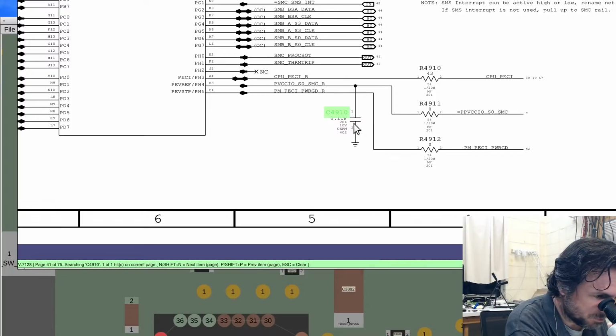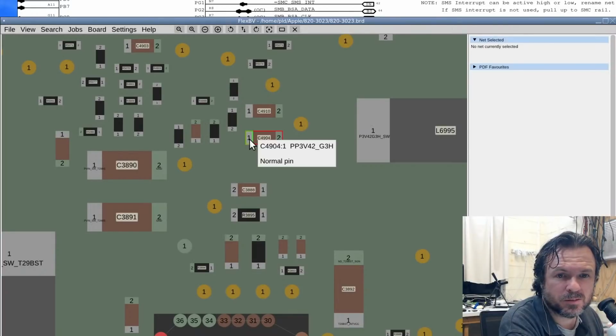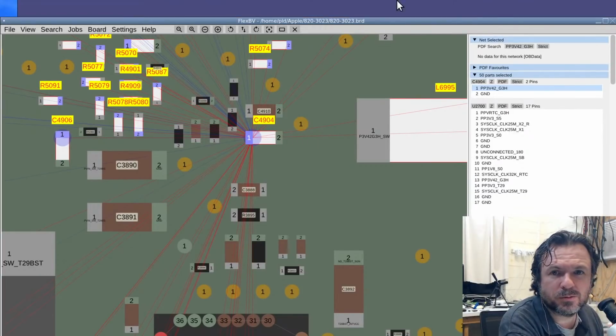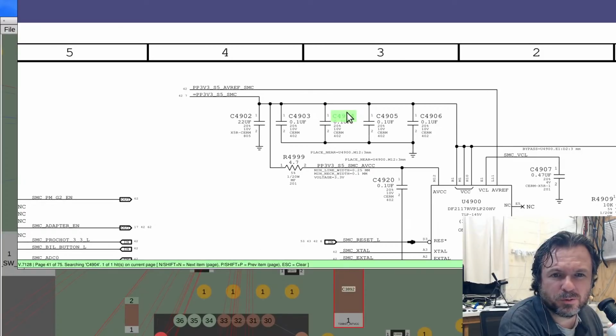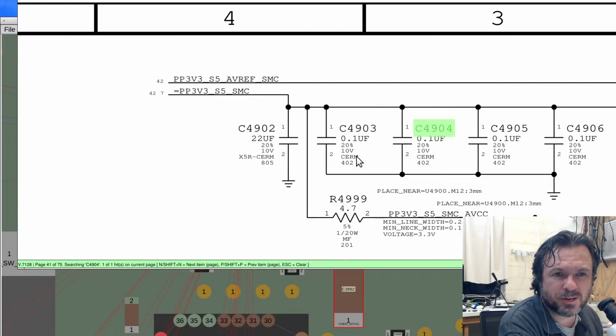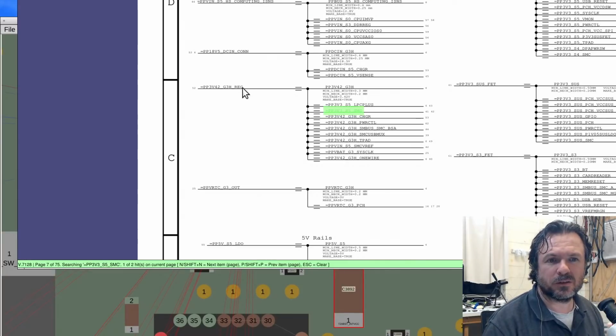Alright, that makes more sense. The top one's probably the real troublemaker. This one here, not so much. But it's kind of weird that in the board view it's listed as rail 342, whereas here it's 3v3S5 SMC, which I dare say probably... Yeah, okay, and that's why. Okay, so 342 is what it really is, but it fans off into all these other ones.